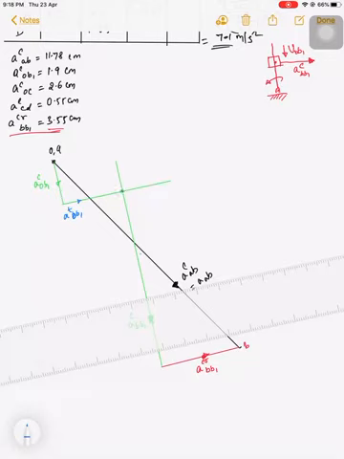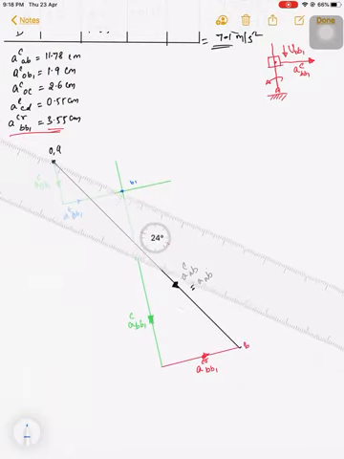It intersects the line, the centripetal component of BB1, here. This is termed as B1. So join OB1.